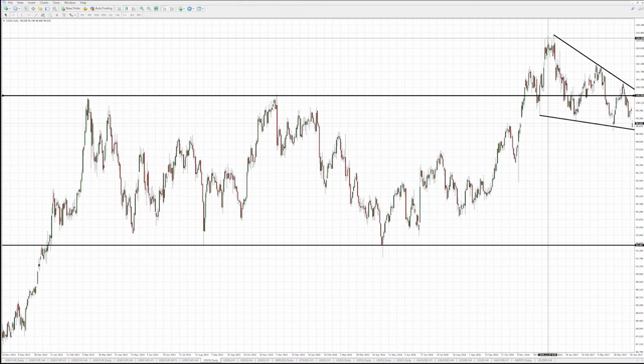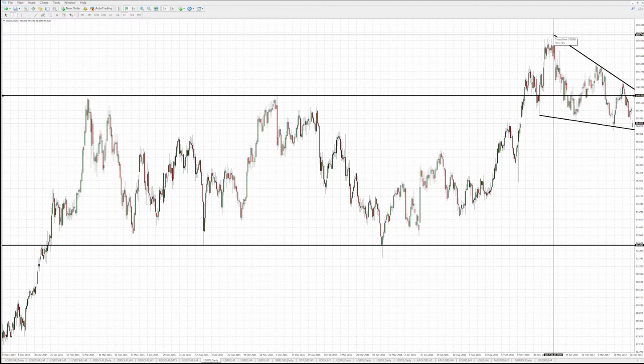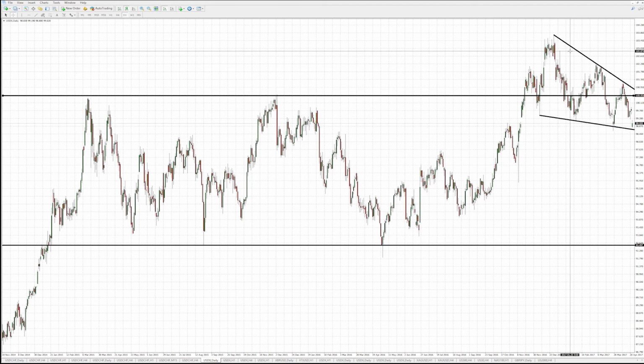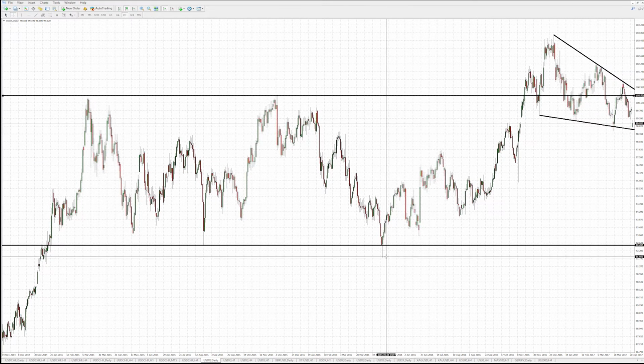So what that means is you had this prior trend that started from this low in May of 2016 up to this high of December 2016, and early January you have this flag pattern, which is a continuation pattern, meaning it continues the existing trend. So if the move started from down here up to here, that projects that this breakout is going to continue to the upside at a distance similar from this low to that high.